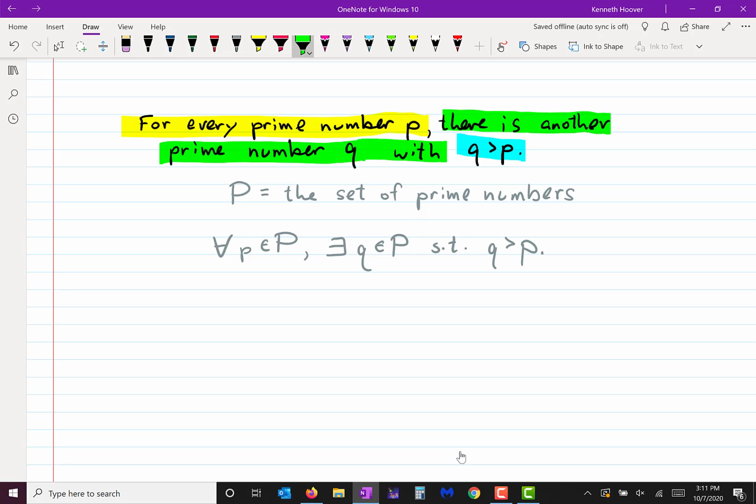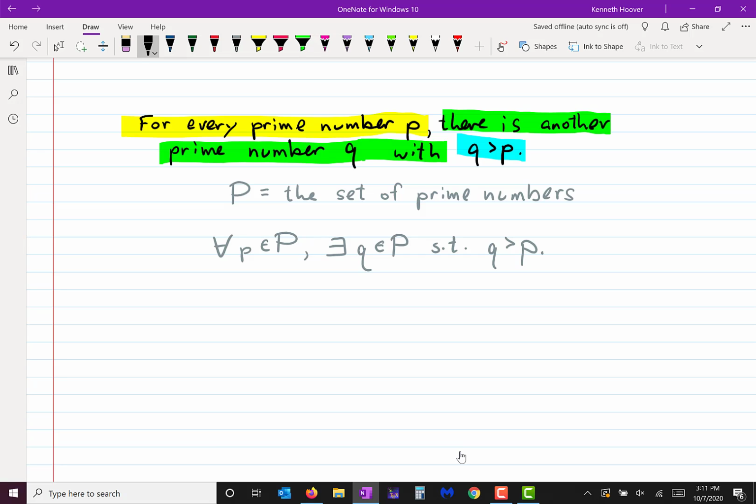It's not a statement. It's an open sentence with two variables. Now I put two quantifiers on top of that open sentence, one for the variable q and one for the variable p, and that turns into a statement. Is it true or false? Think about that. I won't say, but just think about it.